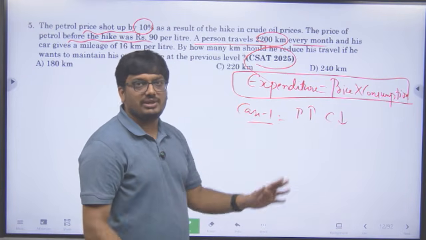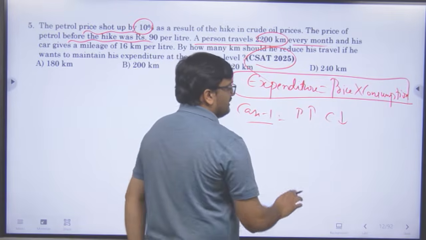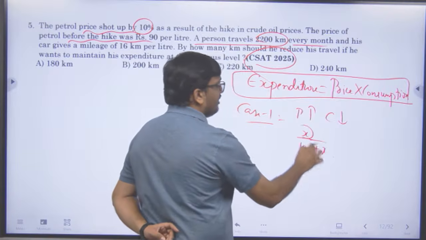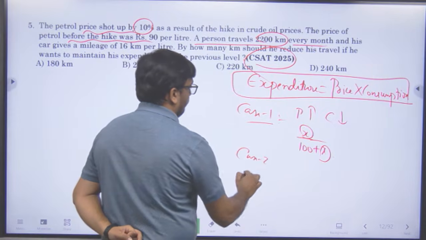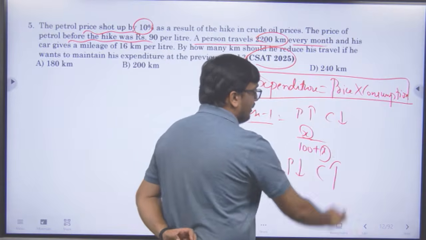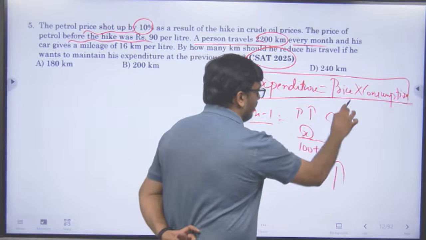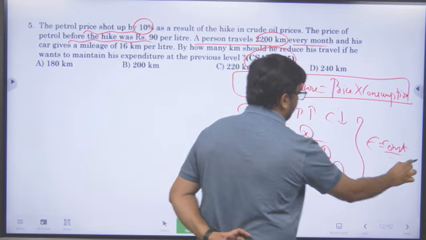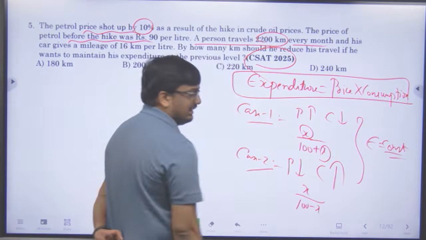What is the meaning of so as not to increase expenditure? Expenditure should remain constant. So for this, it is given by x by 100 plus x. What is the meaning of x? That is percentage hike. Then case 2: if price is decreased, consumption may be increased so as not to increase the expenditure. Expenditure should remain constant. In both cases, expenditure should be constant only. So for this, it is given by x by 100 minus x.